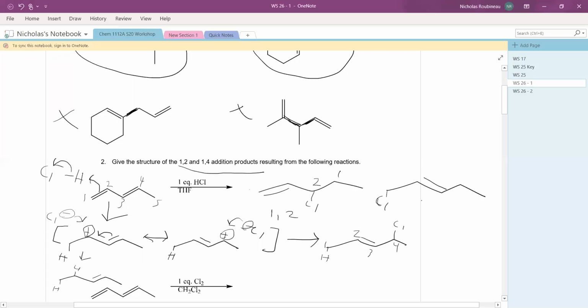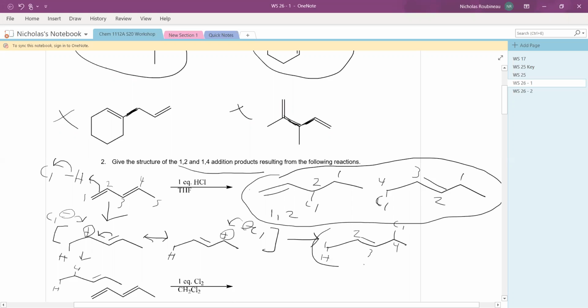Okay, so the double bond was over here to begin with. So we added the hydrogen to carbon 1, and then the chlorine to carbon 4, and a resonance form occurred, so the double bond moved to carbons 2 and 3. This is really jumbled, but I'm going to circle the products, try to highlight them.